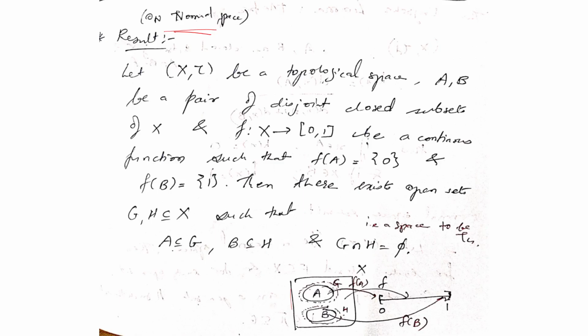It is similar to the previous result, but here we are saying that for all x in A, the f(x) value will be 0, and for all x in B, the f(x) value will be 1.